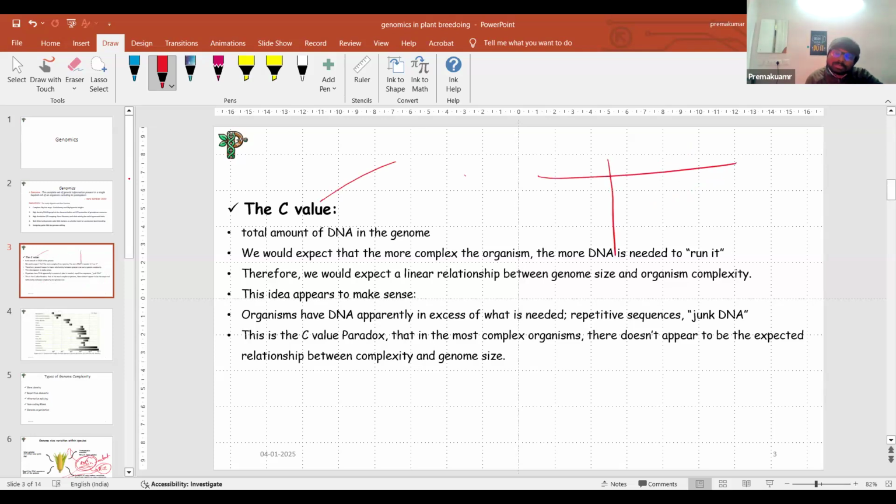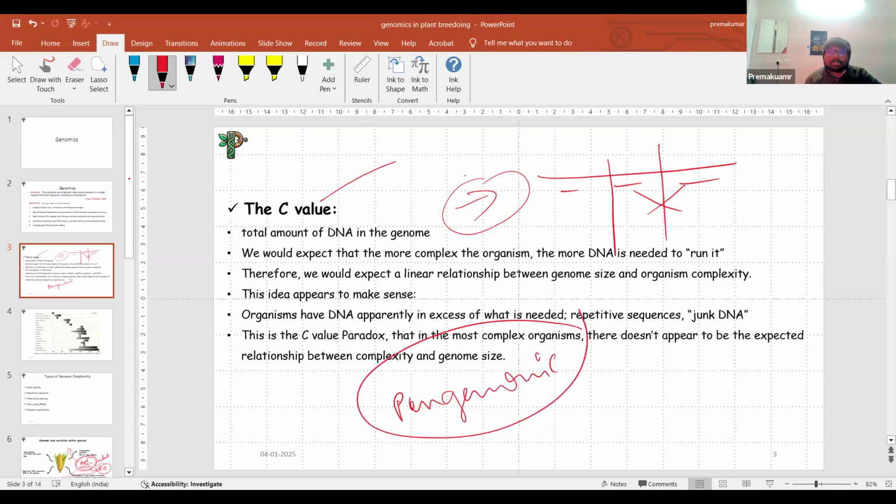Please, at least you should remember some crop reference genomes and genome sizes. It's a must, as the question may appear in match the following. Sometimes when you read about that, you will learn other things too. Now there may also be pangenomics questions coming. What is pangenomics? What are dispensable genes? What are hub genes?